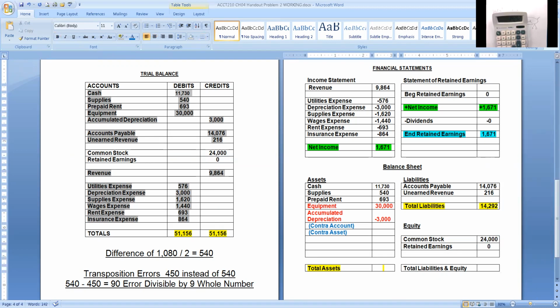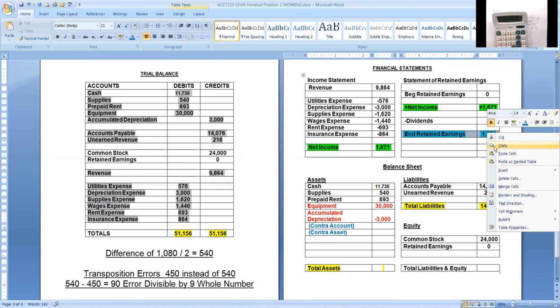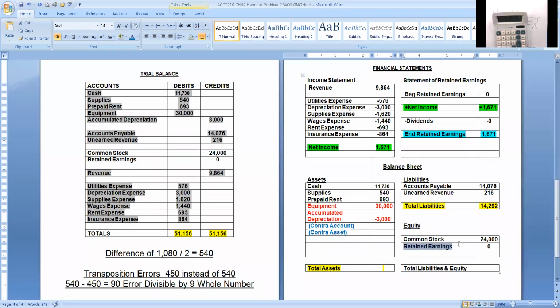What did I do wrong? You didn't put the ending retained earnings? Yep. This is what I should have down here. Okay, so this will be the total equity.